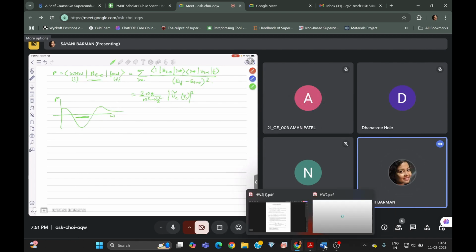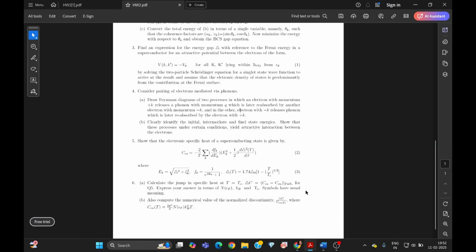Now the fifth question is: show that the electronic specific heat of a superconducting state is given by some equation, where the terms are also given. So we'll first write down the equation that is given.